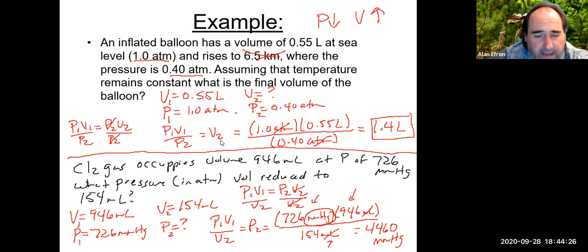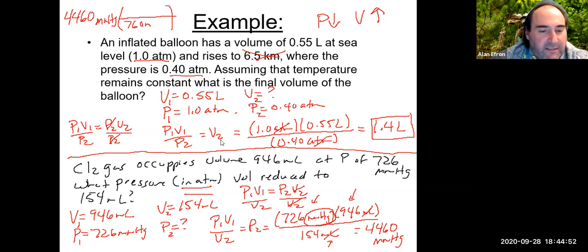We do want to go to atmospheres though, so we should take the 4460 millimeters of mercury, sorry, that's millimeters of mercury. We want to divide by 760 millimeters of mercury, which is 1 atmosphere.